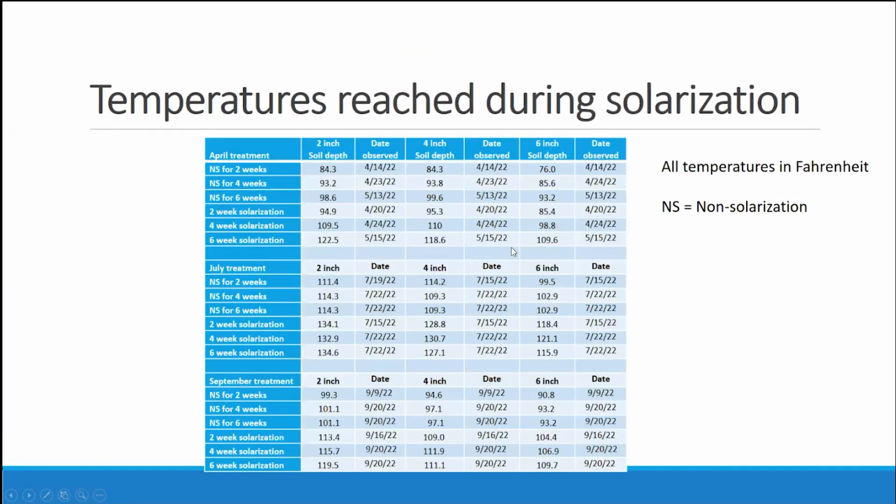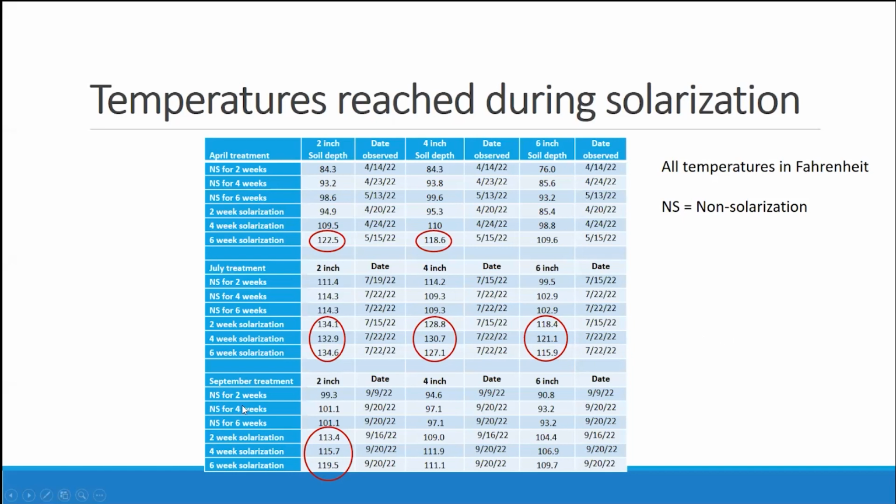Just to show, this is not a chart that's intended to overwhelm you. I'm going to focus you on some temperatures. For the 2-week solarization, we definitely got well over the temperatures you would need to target weed seeds at 2 inches, at 4 inches, even at 6 inches; we were well within a range to target weeds.